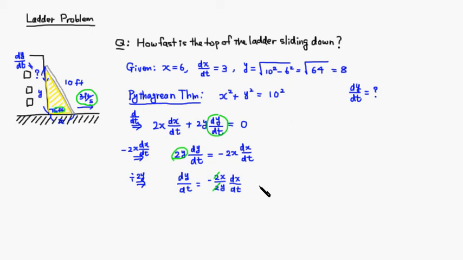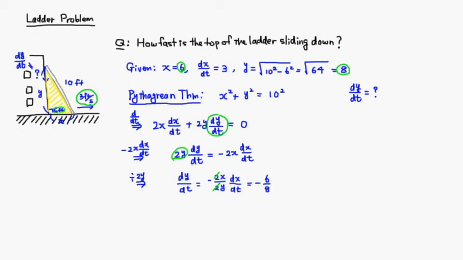Then plug in all the given values. It's going to be negative, with x on top, which is 6, so plug in 6 here. And y we found from the Pythagorean theorem is 8, so put 8 here.